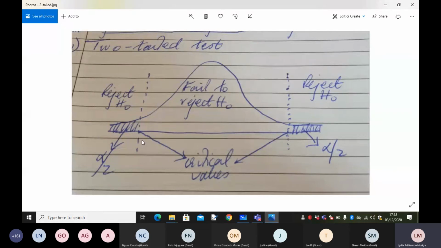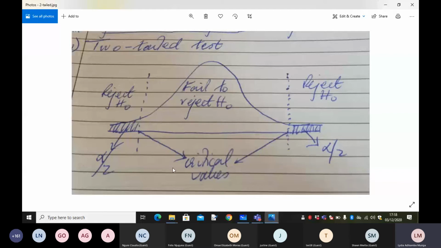So I think now you have had time to maybe draw this diagram. Because this is a two-tailed test, we have 2 rejection regions and we have 1 region which tells us to fail to reject H0.